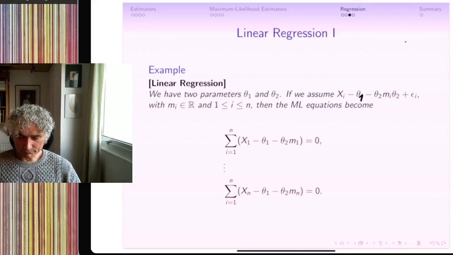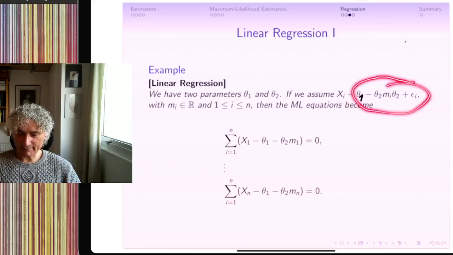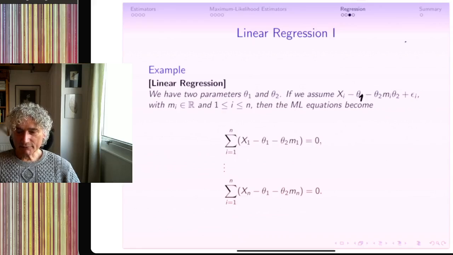So each of the random variables is measuring a distance from a given line that is given by theta 1 plus mi times theta 2. And we have here also the error function epsilon i.